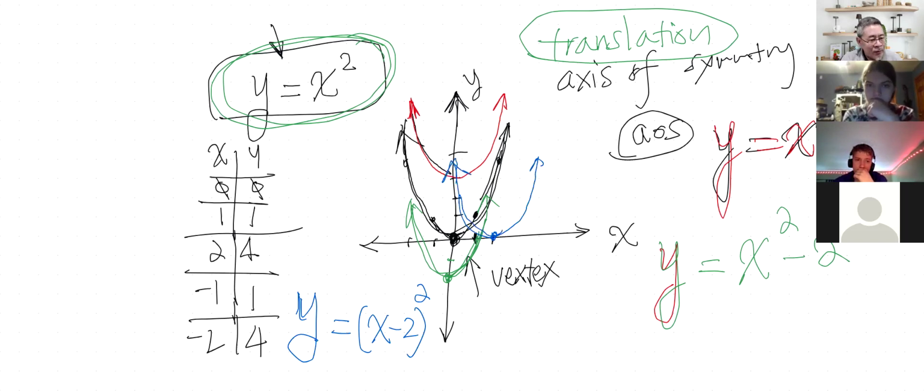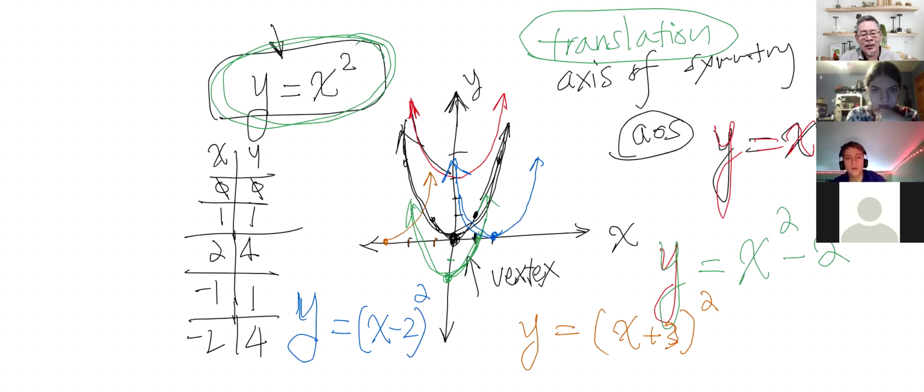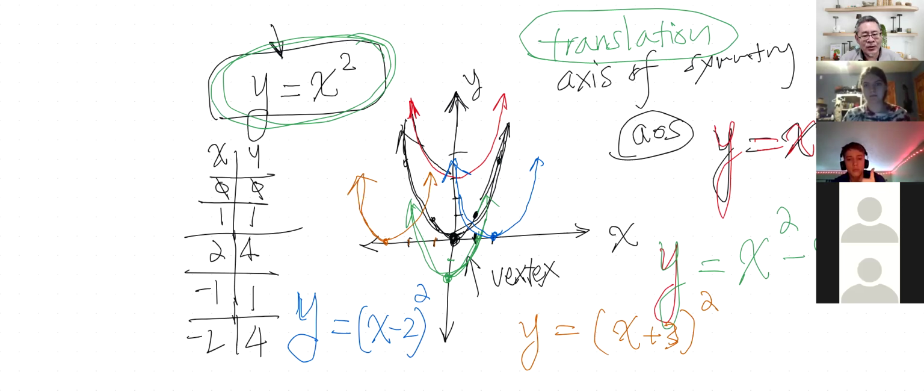And we can also have another one, using a different color, orange. Y equals (x plus 3) squared. In this case, we get a shift to the left by 3. 1, 2, 3 is here, and it becomes this graph. Okay. Are we good here? Question? No?